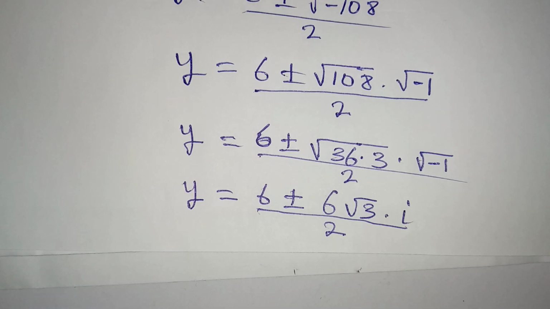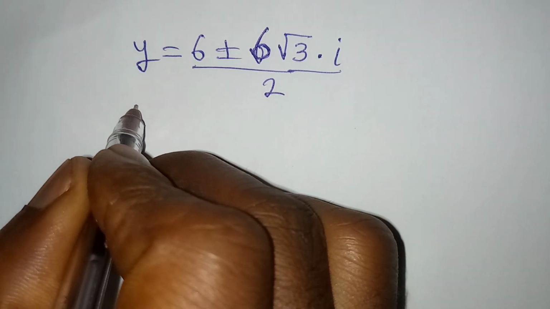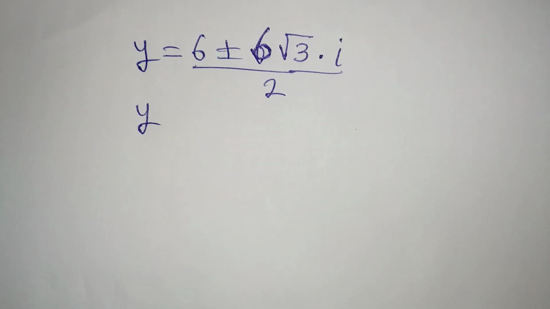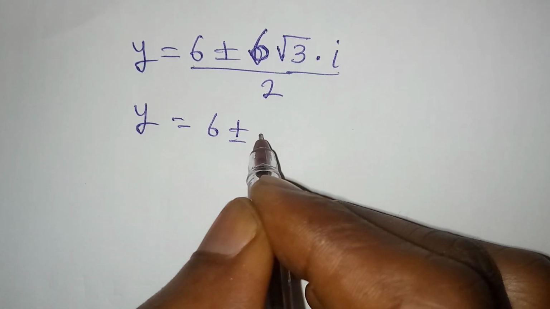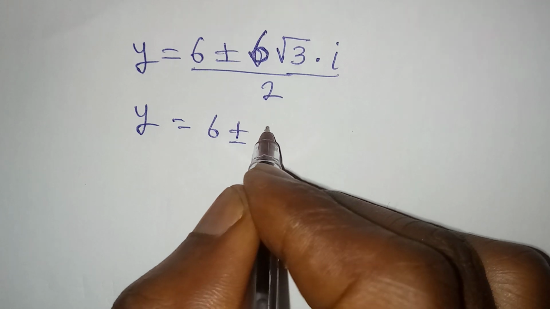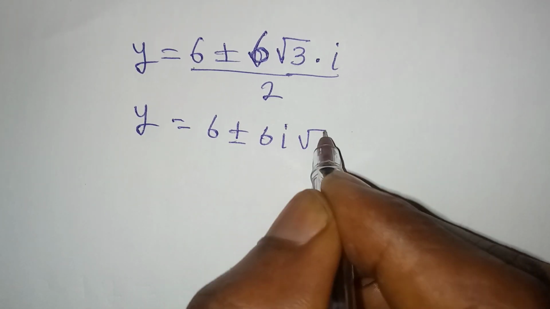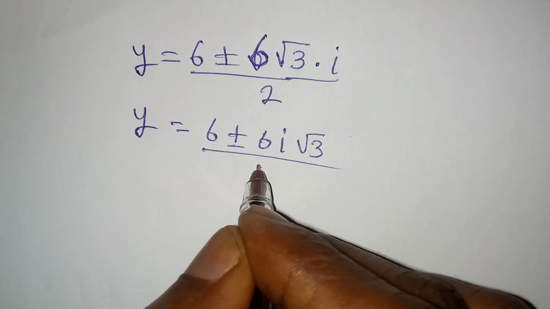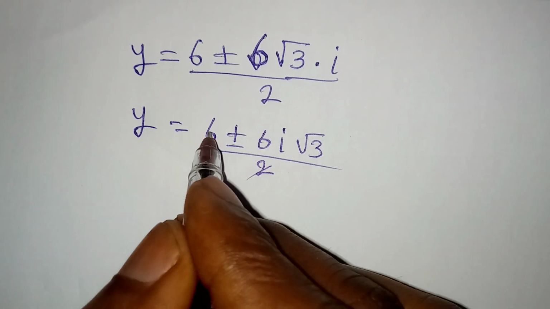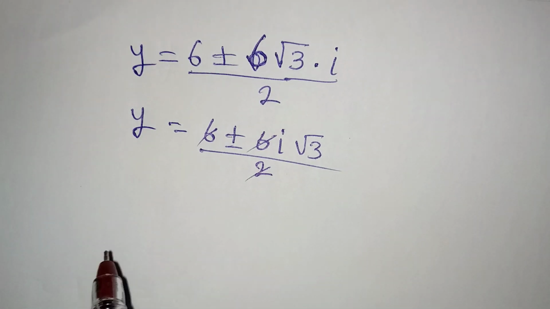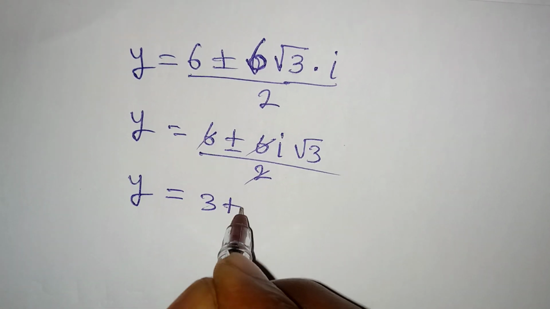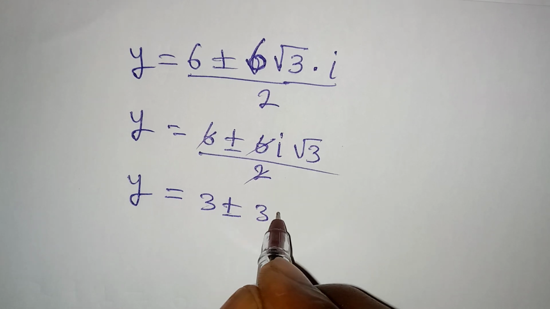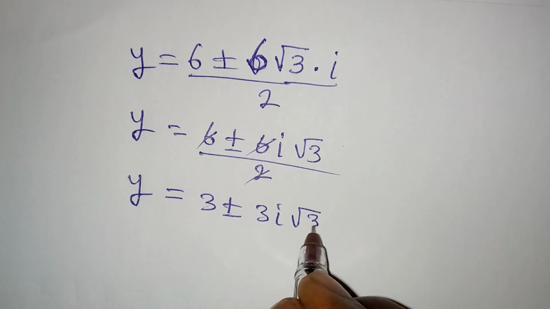Let's continue. From here, y will be equal to 6 plus or minus 6i square root of 3, and this is over 2. Now this can go there and it can go here 3 times, right? So y now will be equal to 3 plus or minus 3i square root of 3.